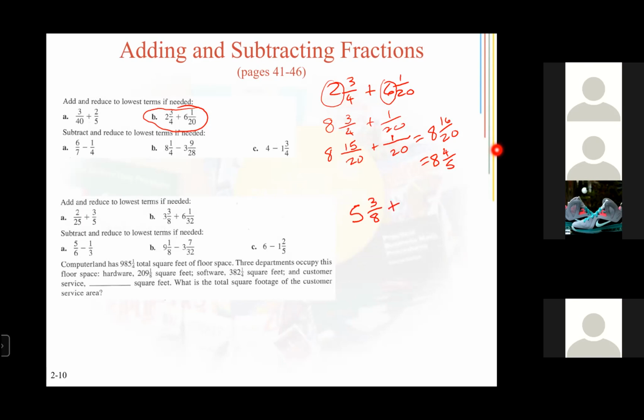Plus 2, and let me see. I gotta change this. Sorry. Let me change that.